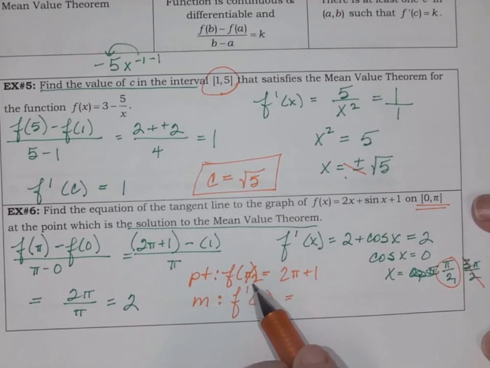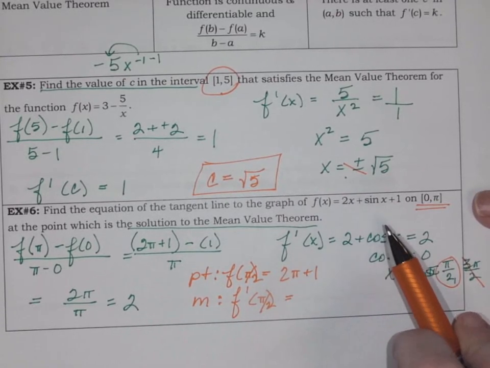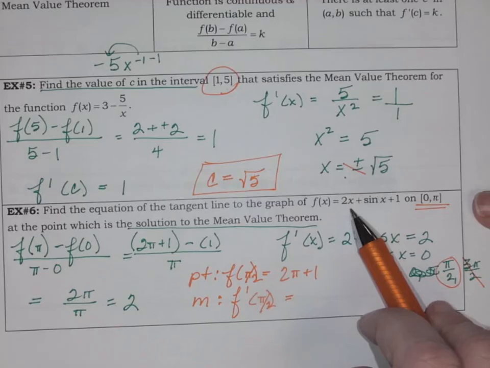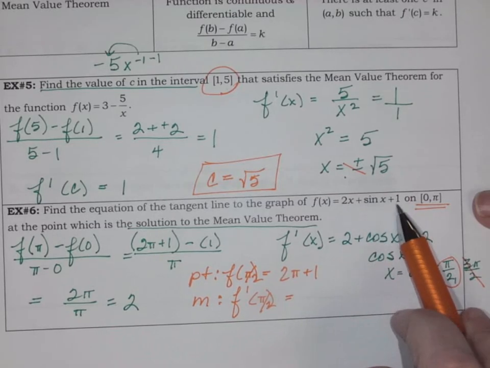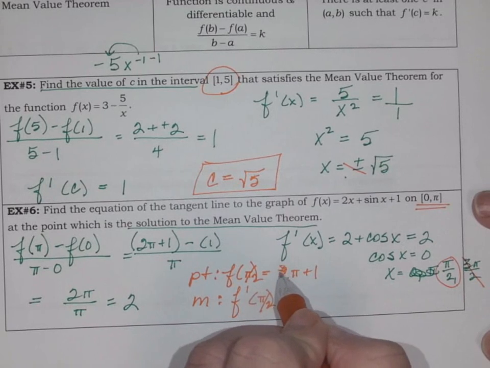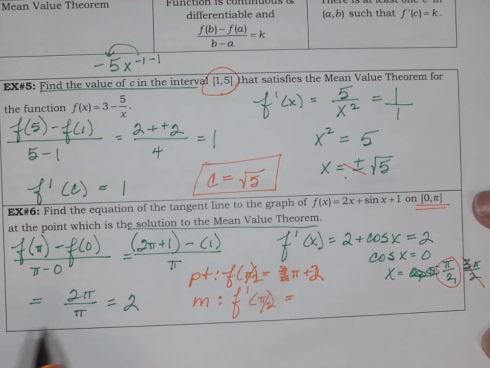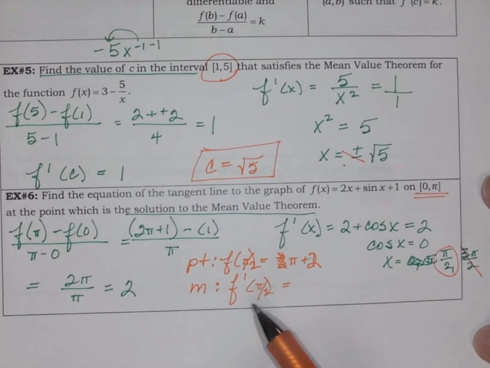So let's do that again. F of pi over 2 would be pi plus sine of pi over 2, which is 1, plus 1, so it would be pi plus 2. Let's do this right. Okay, so now we want f prime of pi over 2.